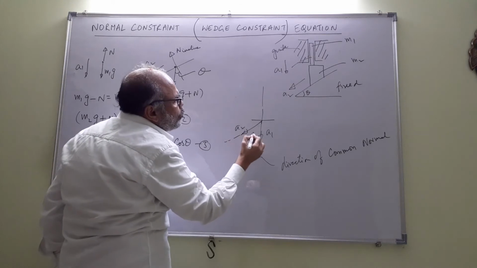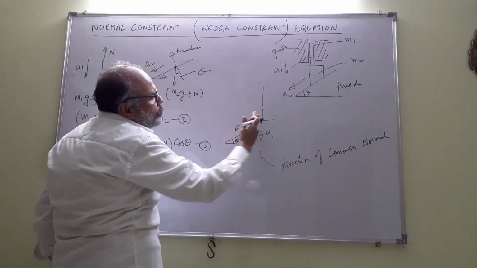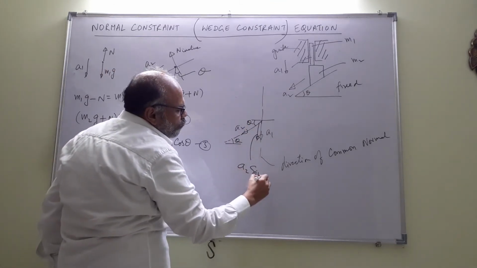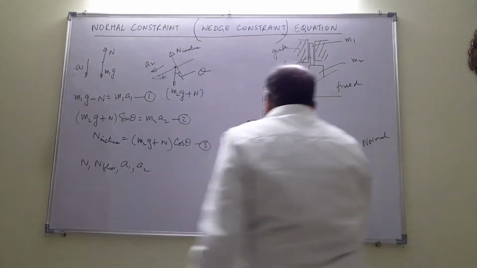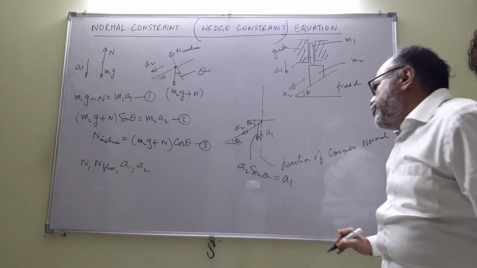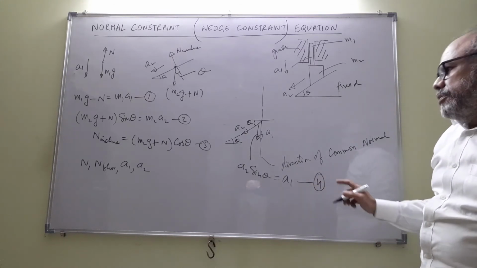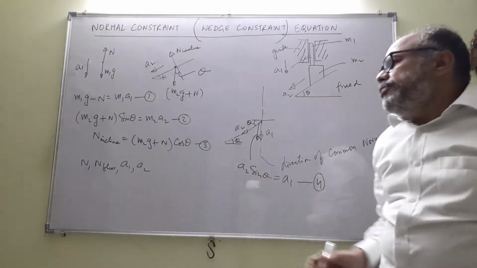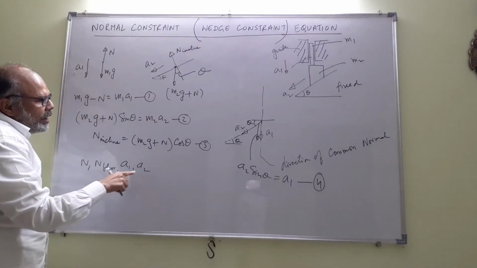The component of A2, this angle being theta, would be A2 sine theta. So by the normal constraint, these two accelerations must be equal: A2 sine theta equals A1. That will be the fourth equation. Therefore, using these four equations, we can find each of these four values: N of the floor, N of the incline, A1 and A2.